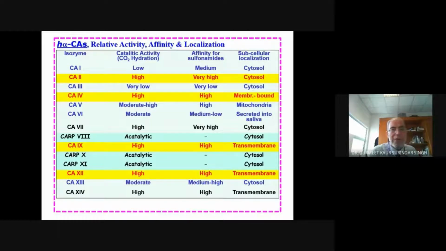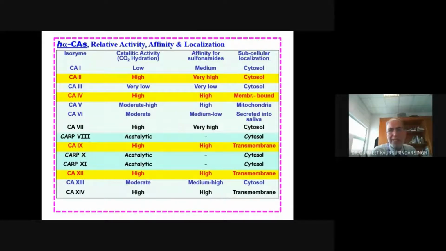In this slide, we will see that the relative activity, affinity, and kinetics of the catalytic activity of carbonic anhydrase in hydrating carbon dioxide vary to varying degrees. Not all the isoforms have the same catalytic activity, and not all of them have the same affinity for the inhibitor.